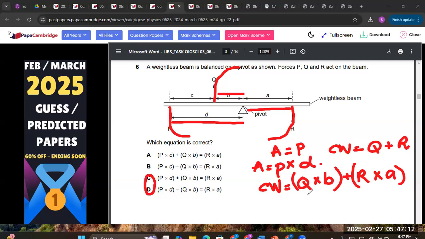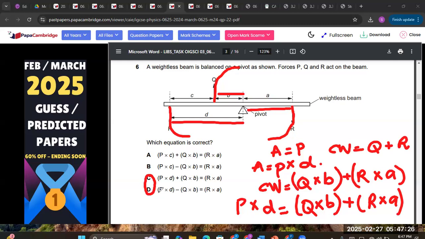Now we have to choose C or D. So P into D is equals to Q into D plus R into A. So this option is not there. Now option A is saying P into D plus Q into D. That is not correct.